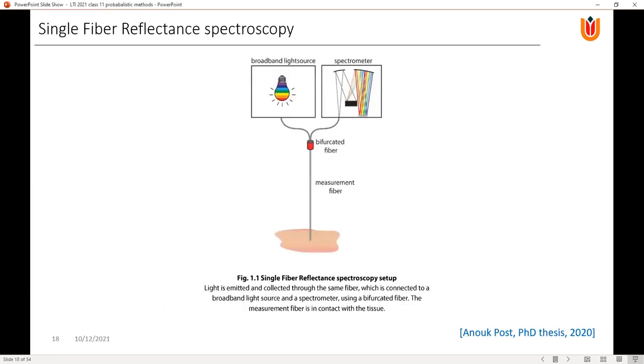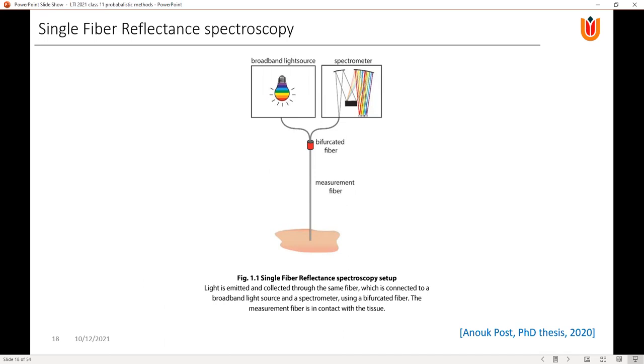The application that I want to tie this to is called single fiber reflectance spectroscopy. That is a technique that we use in our group. Technically, it is exceptionally simple, I would say. So we have a broadband light source. That could be a halogen lamp, or a laser that emits multiple wavelengths, something like that.